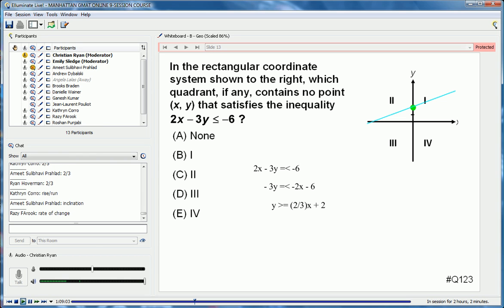Yeah. The way I think of it is very similar to that. I think, okay, if I take this green dot and I move it over to the right 1 unit, how far up or down do I have to move the dot to get back on the line?